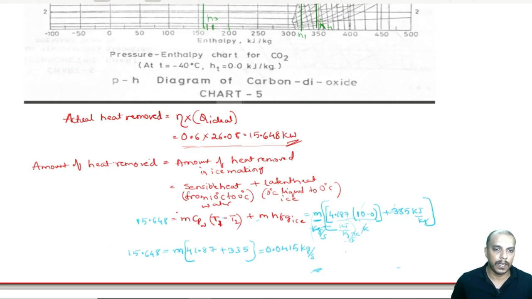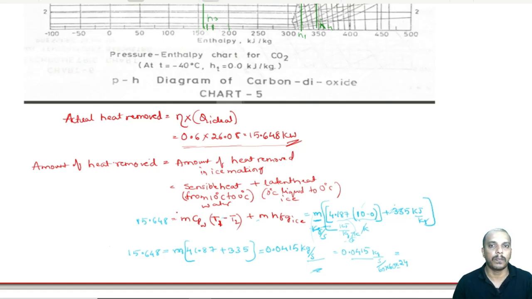Now this is 0.0415 kg per second, but we have been asked to find out ice formed per day. So kg per second has to be converted from seconds to day. If we multiply by 60, that converts it to a minute, by another 60 it becomes hour, and then by 24.